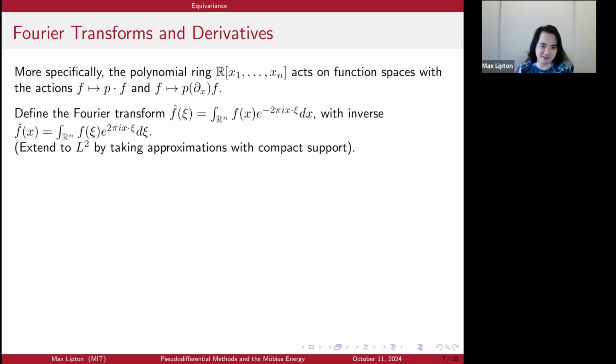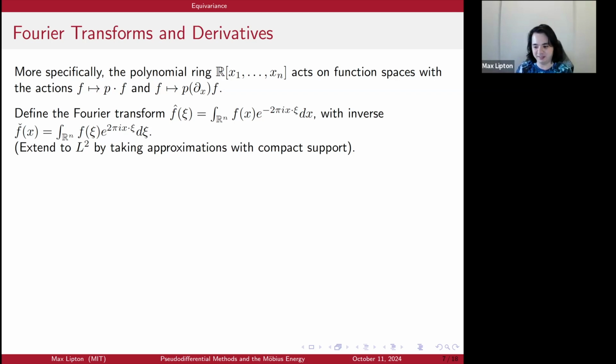And of course, the integral defining the Fourier transform is not absolutely convergent on general functions in L^p or L^2 or whatever, but of course we start with the space of functions of compact support. Then we can extend to the Schwartz functions, which are the functions that are rapidly decreasing even when multiplying by a polynomial.